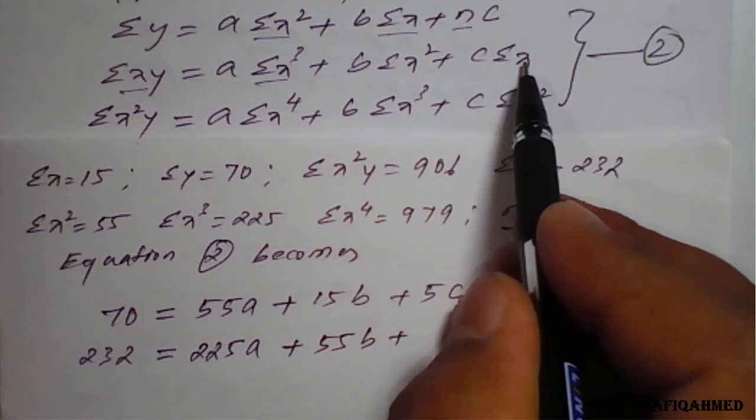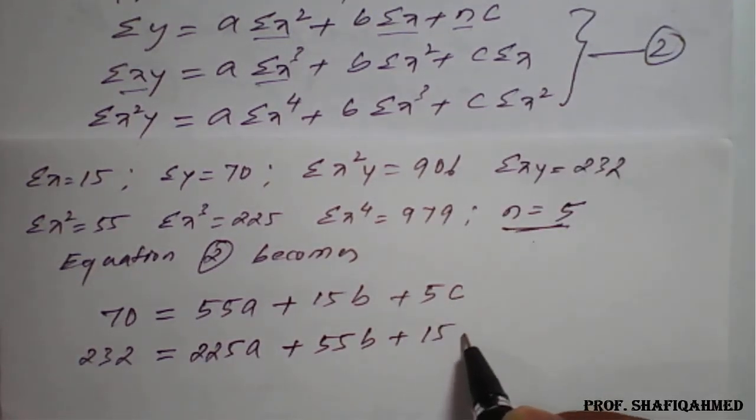The next term is c into summation of x, which is 15, so 15c.